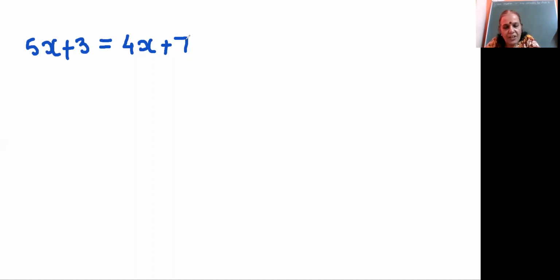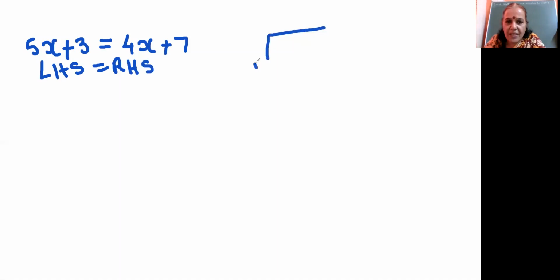It is an equation because there is equal to in between. And here we have got left hand side and right hand side, and it is like a balance where the numbers are there in left hand side as well as in the right hand side.